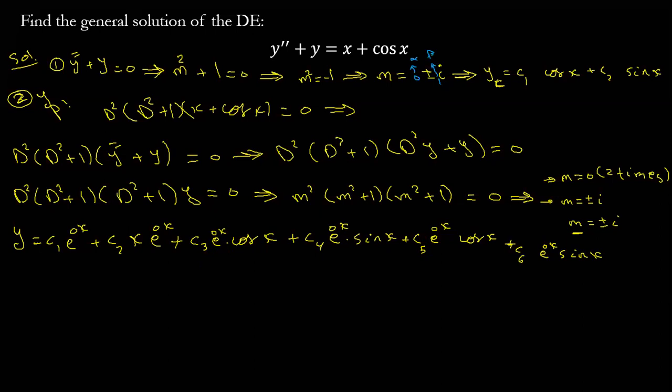Yes, so you can't write the same term. Notice you have plus i repeated twice and negative i repeated twice, and we agreed that if one of my m is repeated, I multiply by x. So here you need to multiply by x, and here also, because this is repeated.